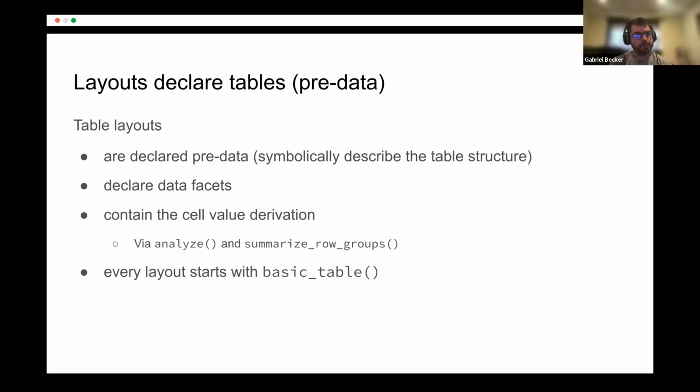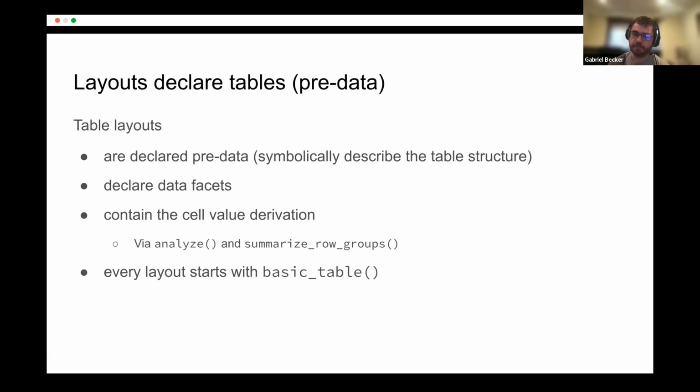So, as we talked about in the beginning, when I was talking about the conceptual foundation of our tables, layouts declare table structure before data is present, and then they are applied to data.